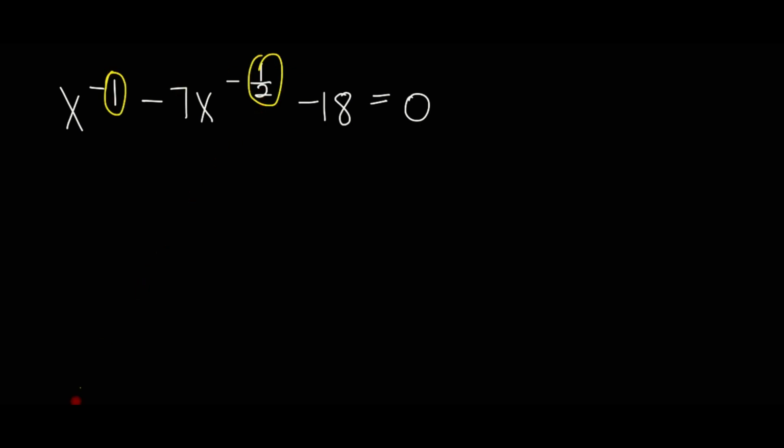For the sake of practice, let's try this one. X to the exponent negative 1 minus 7x to the exponent negative half minus 18 equals 0. And if you look at this one, we also have a quadratic, because if you take this exponent and divide by this one, it will give 2.